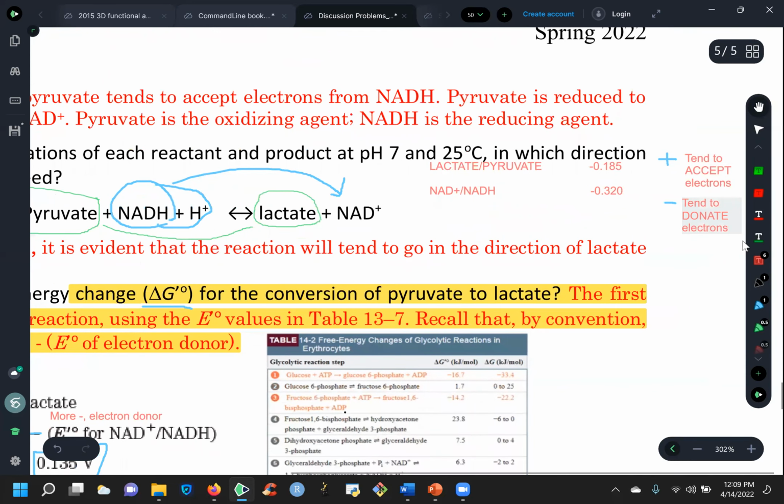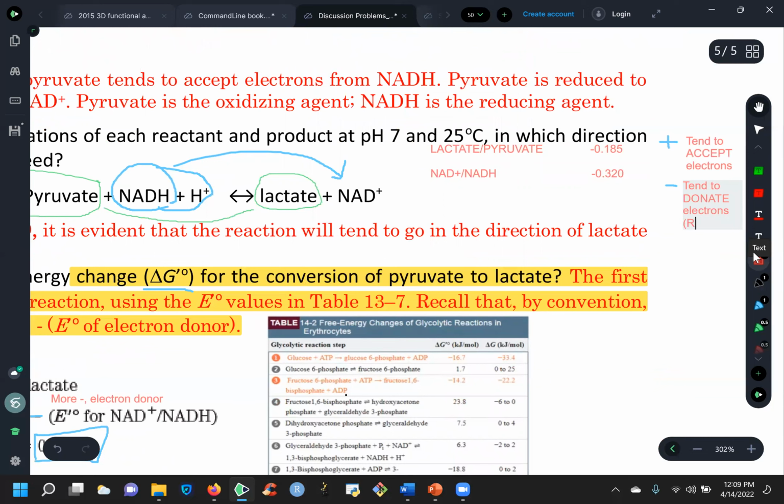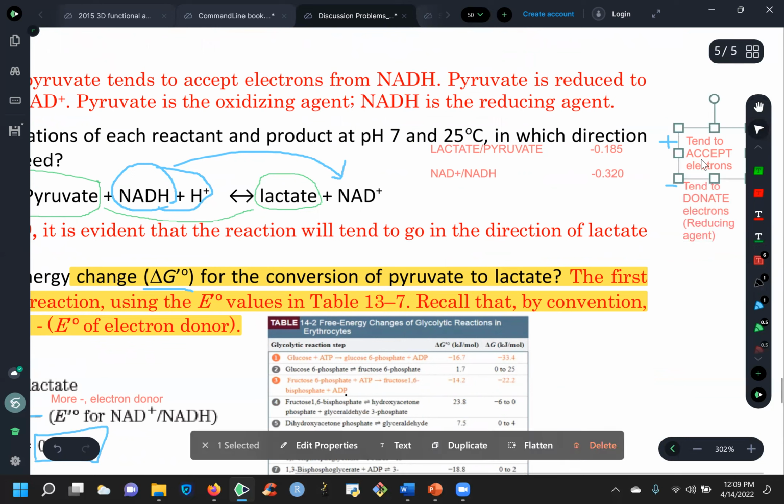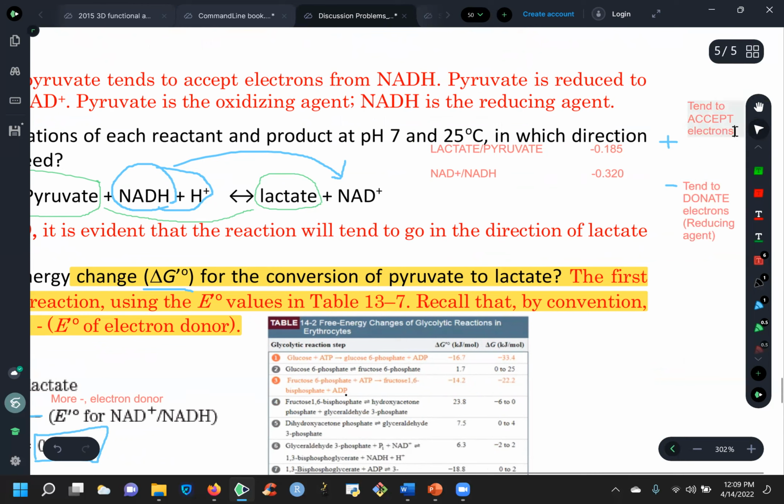If you donate electrons, you are the reducing agent. This is terminology and rules that you just have to know. If you accept electrons, you are the oxidizing agent.